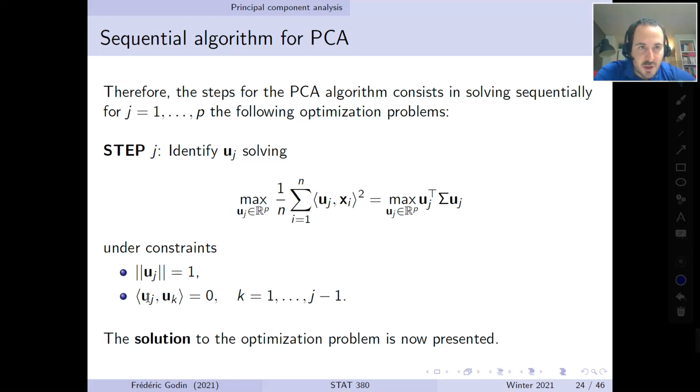So the vector uj has to be orthogonal to the first j minus 1 vectors we've identified in the previous steps. Here, vector uj is orthogonal to vectors u1, u2, u3 until uj minus 1. This is the formal problem considered by principal component analysis, and next we will provide the solution for this problem.